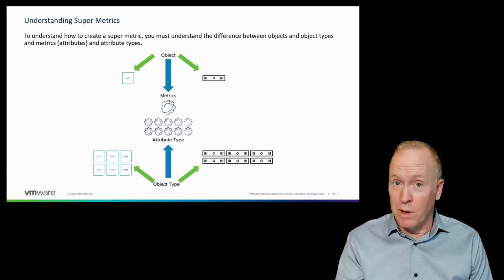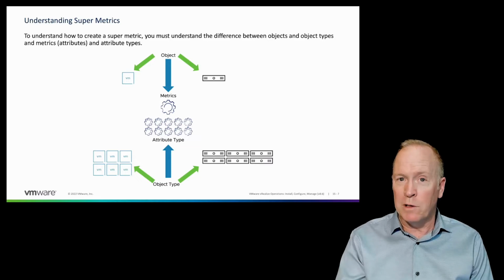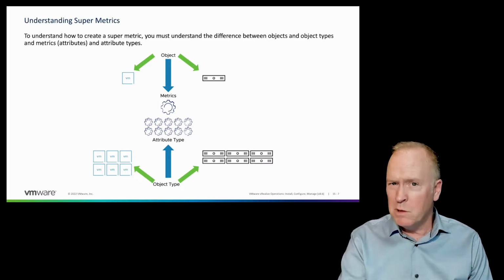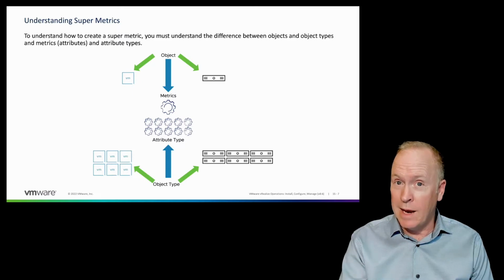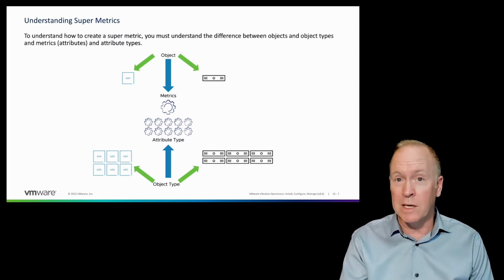Additionally, when we're working with an object type, we refer to the pieces of data that we're going to work with as an attribute type. We'll explain in just a moment what we mean by that. But the key concept here: when working with a multitude of objects, that's an object type, and the data that we get from those is known as an attribute type.